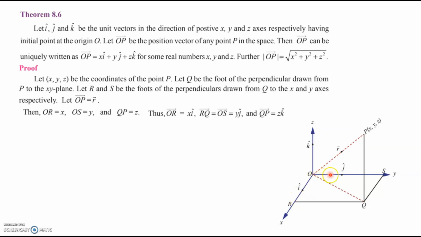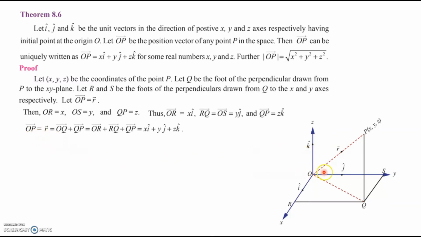Similarly, since j cap is the unit vector on the y-axis, multiplied by y it will give you the vector OS, which is also equal to the vector RQ because OS and RQ are parallel. Similarly, the vector QP is defined as z and k, because the length here is z and the unit vector in the z-axis is k cap.